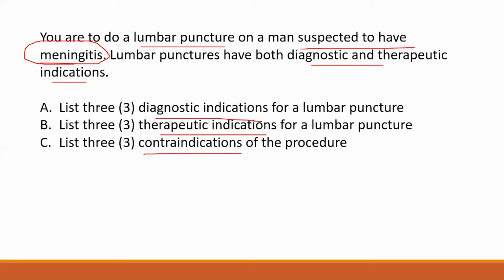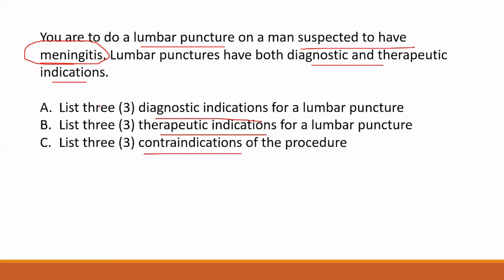So if there is any source of infection around that area, it is contraindicated for you to do lumbar puncture. Then when you are suspecting an increase in intracranial pressure, don't do lumbar puncture.